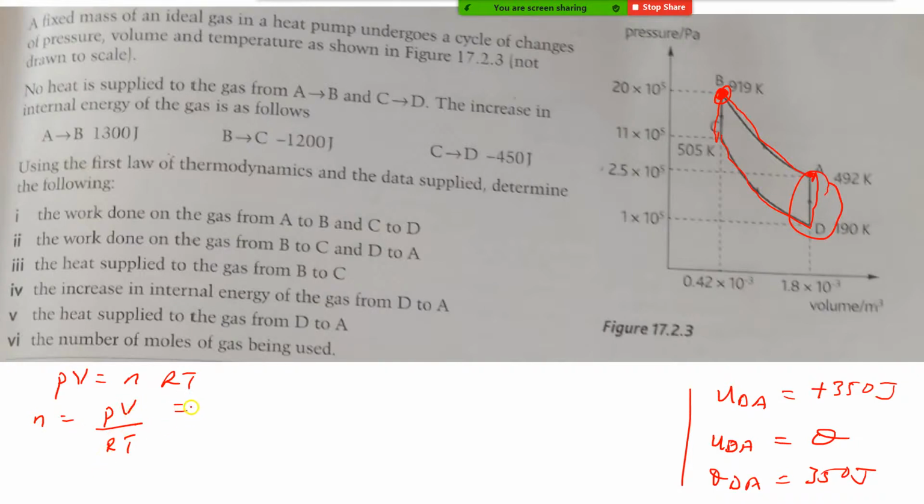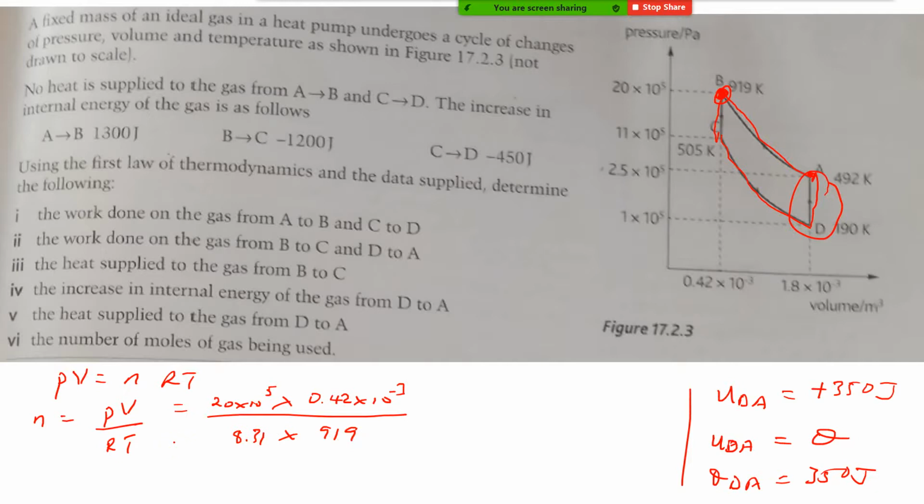So we're using the point at B. My pressure at that point is 20 times 10 to the 5, times that particular volume, which is 0.42 times 10 to the minus 3. Divide that by R, which is our molar gas constant, which I think is 8.31, times the temperature, which is 919 kelvins.